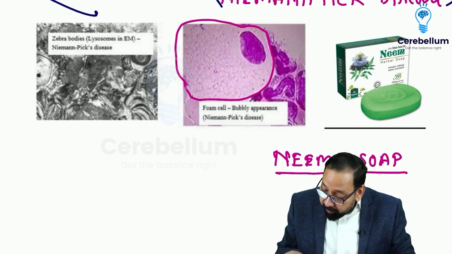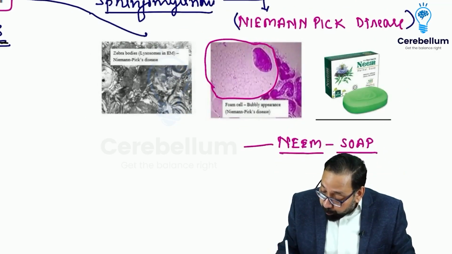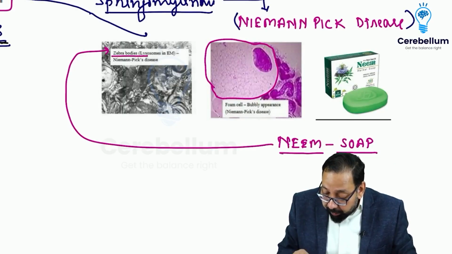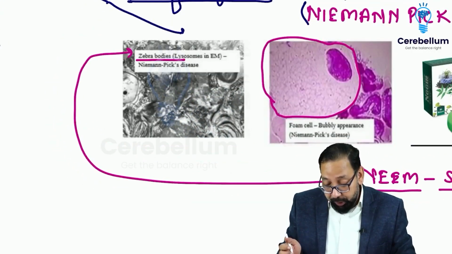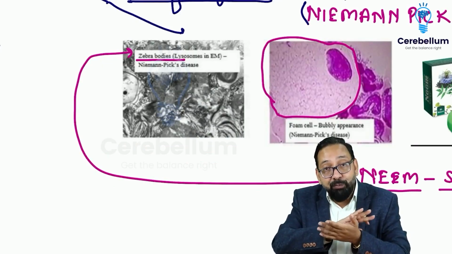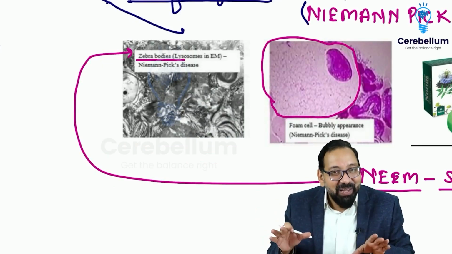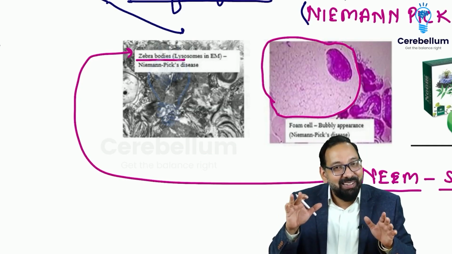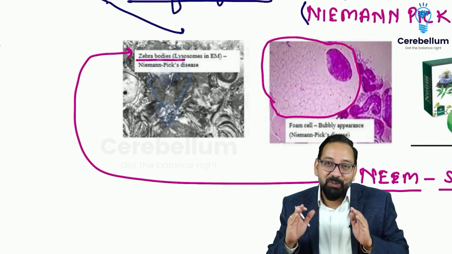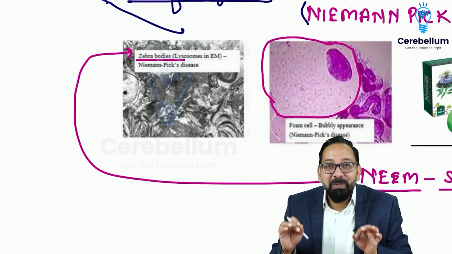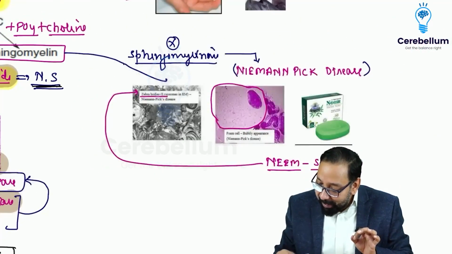And Baba Ramdev claimed that my neem soap is so strong, if you wash a zebra it will become a donkey, meaning all the stripes will be washed. I am not concerned with this claim, but it is just a hypothetical story so that you will remember that zebra bodies and foamy appearance, bubbly appearance is found in Niemann-Pick disease.